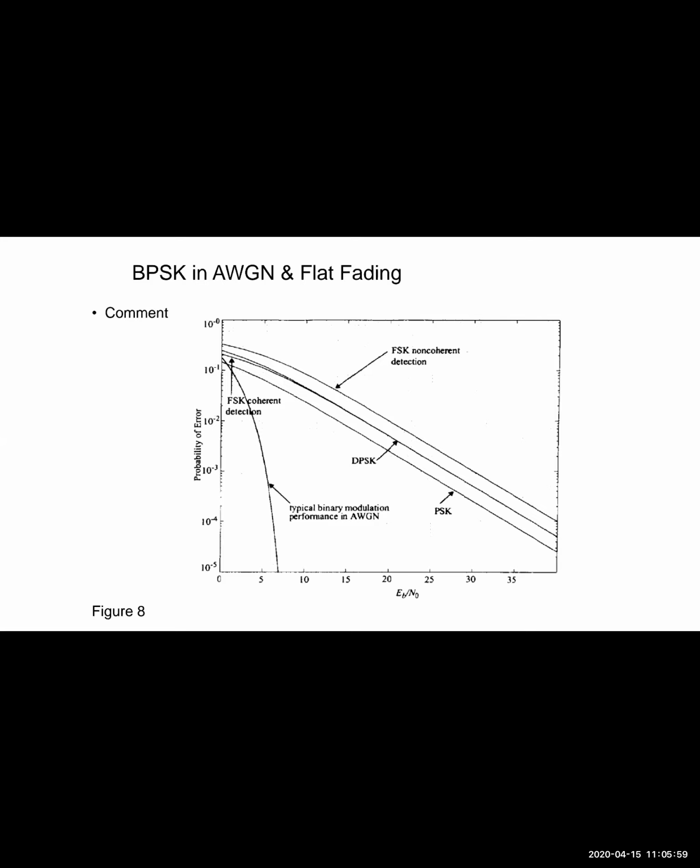Yeah. You have a question? Okay, I get it. So in additive white Gaussian noise, you can see the curve is exponential. That's why we concluded that transmit power can be used.